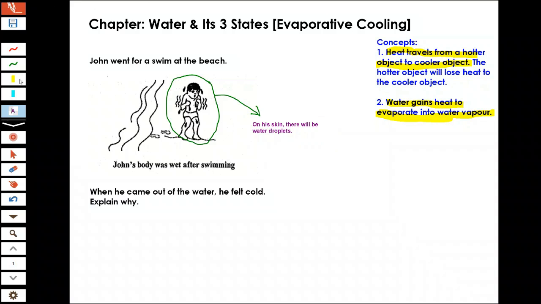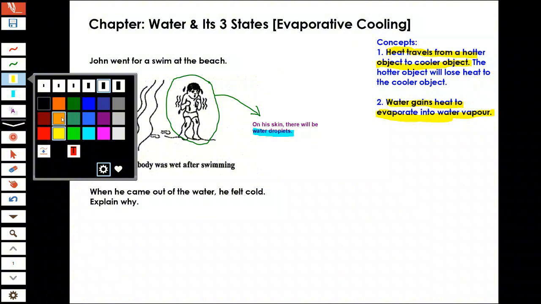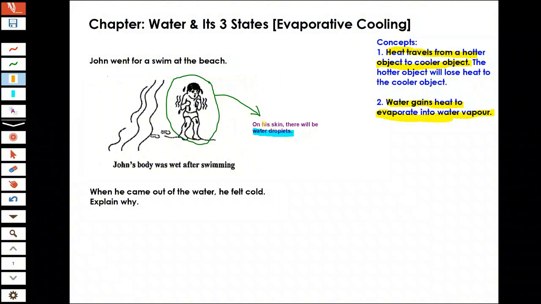Now, what we need to understand is that there are two objects here. One of the objects is the water droplets, and I'll use a different color. The other object is his skin. Let's understand these two objects.